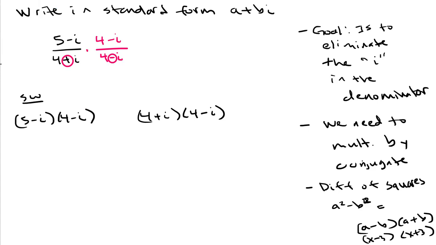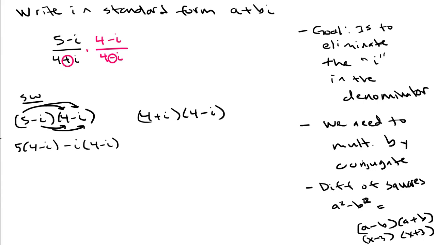I like taking the first number and multiplying by 4 minus i, and then taking the second number, minus i, and multiplying by the same factor again. It's the same thing as FOIL. But if you like writing FOIL out, please do that.